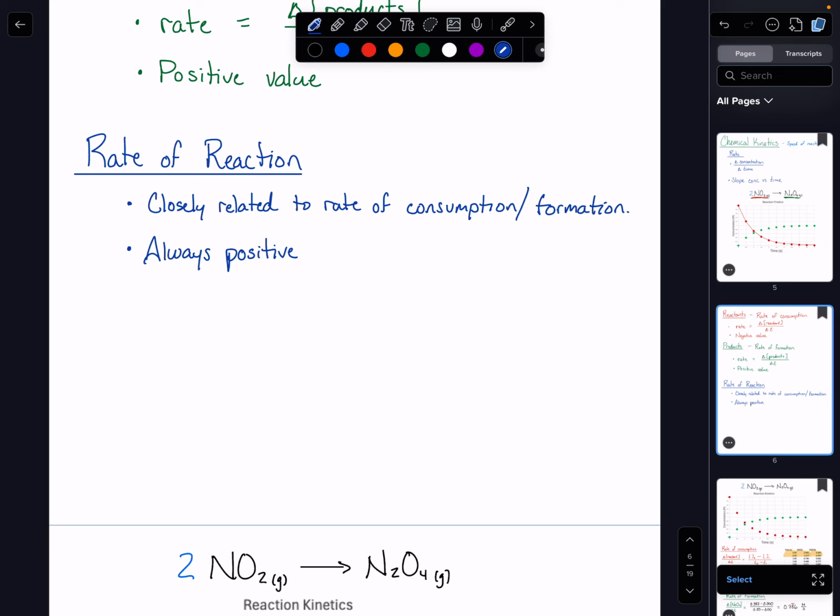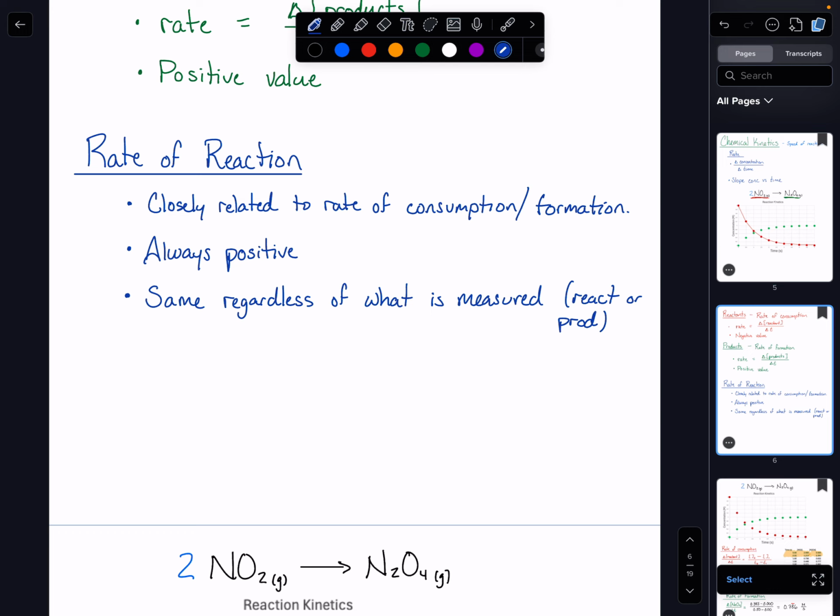Okay? The other thing that's going to be really important about this rate of reaction is we want this rate, this value that we get, to be the same regardless of what we measure. Meaning it shouldn't matter whether I was measuring the concentration change of my reactant or the concentration change of my product.